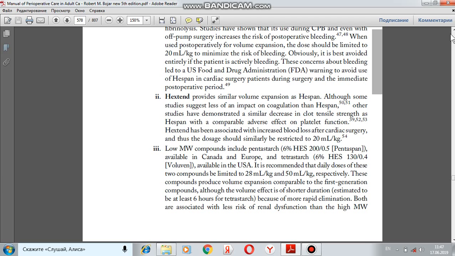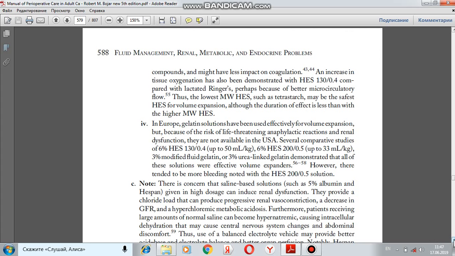Also, the volume effect is of shorter duration, estimated to be at least 6 hours for tetrastarch because of more rapid elimination. Both are associated with less risk of renal dysfunction than the high molecular weight compounds and might have less impact on coagulation.